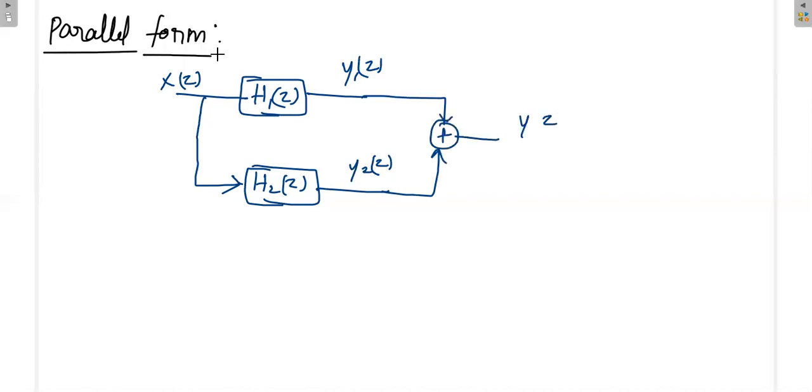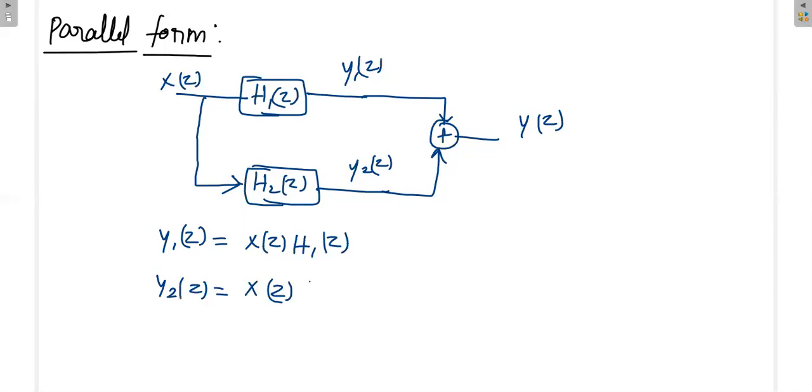So if the system is connected in parallel form, the input is common to both systems, then the outputs are combined together. If you observe carefully, what is y1 of z? y1 of z is equal to x of z times h1 of z. y2 of z is equal to x of z times h2 of z.